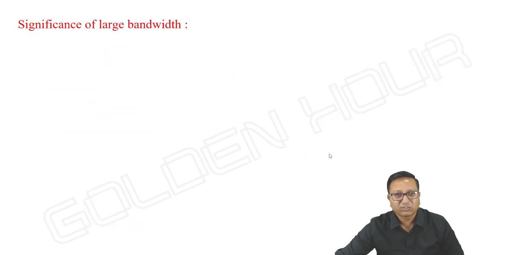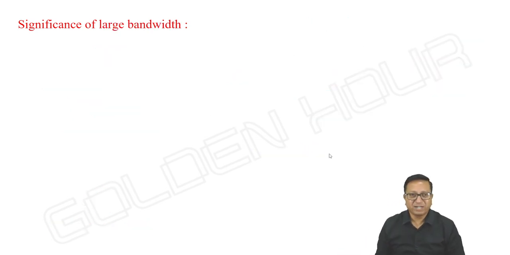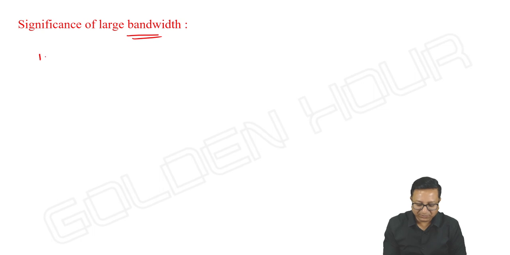Next point, the significance of large bandwidth. Bandwidth is high, which means the first advantage is we can operate the op amp over a wide range of frequencies starting from DC. The advantage with the op amp is you can even amplify a DC signal.